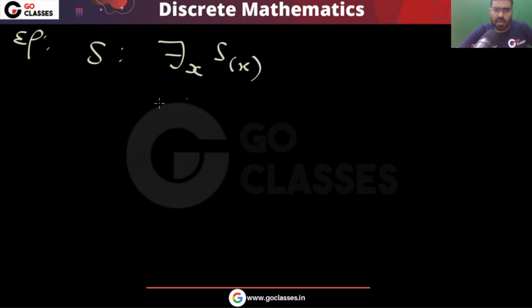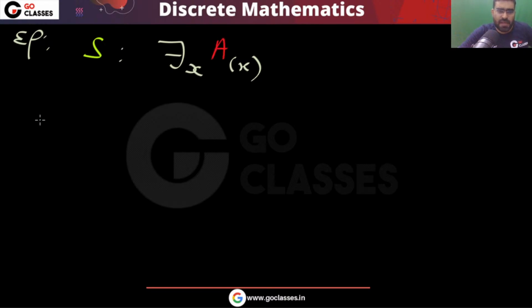Now, let me take an example. Consider another example, where S is there exists x, A(x).